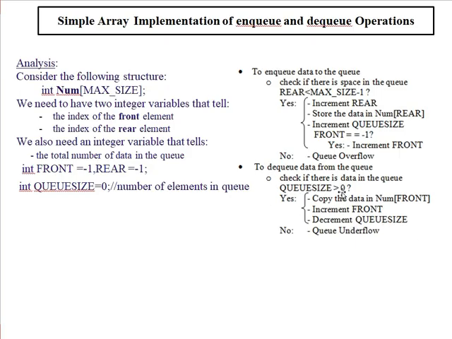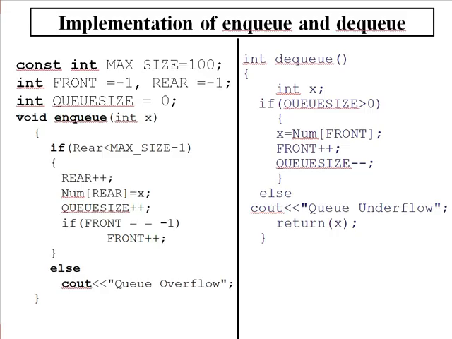And if this condition is false, then the queue is in underflow state. That means the queue size is equal to 0, so there is no number that can be removed from the queue. So the two operations, enqueue and dequeue, can be simply implemented like this.